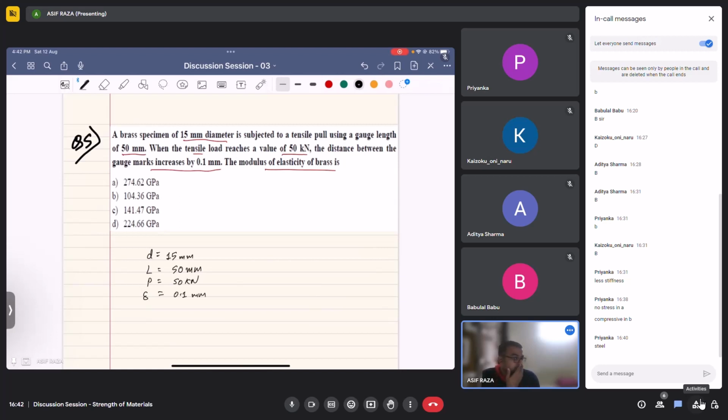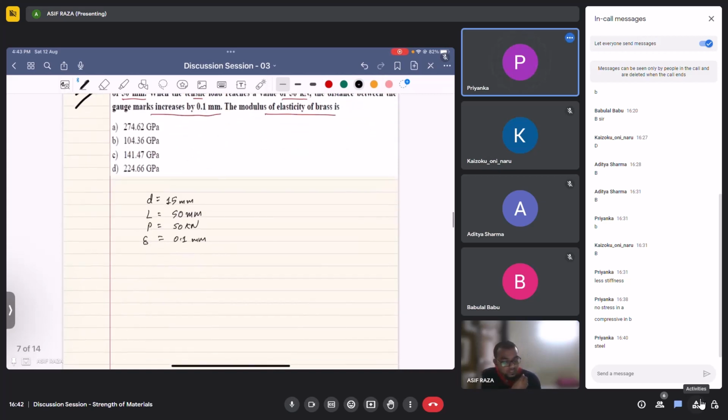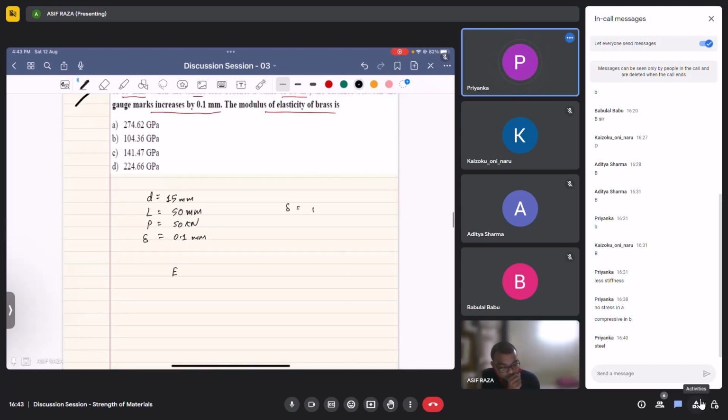So using the formula, what would that be? Deformation is equal to PL by AE. Yes, okay. So in this question, P is already given, L is already given.